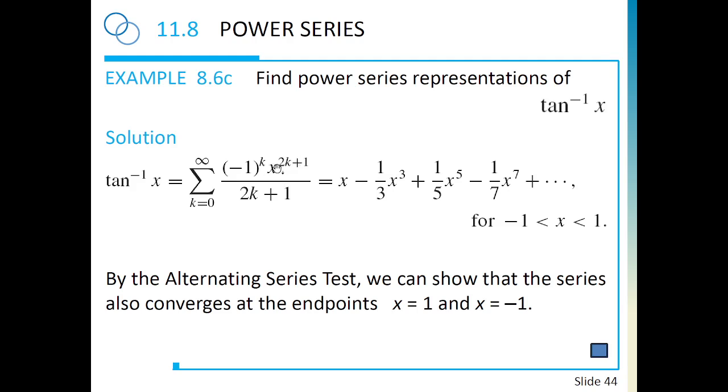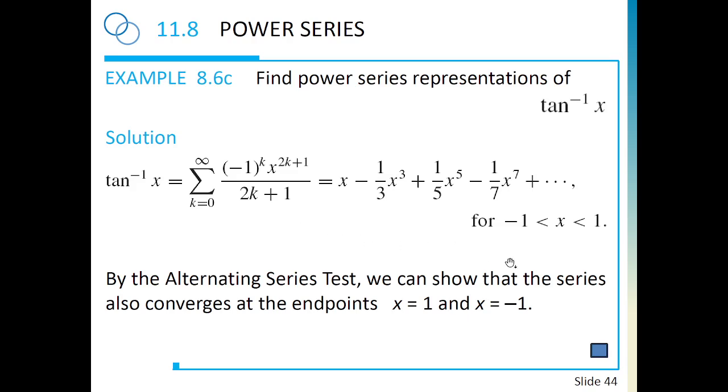So x equal 1, this is 1. So I get an alternating series, and by the alternating series test I can prove that this is convergent. If I plug in -1, again I'll have at the end here -1 to the power k plus 1, which is giving me again an alternating series. By the alternating series test I can prove that that series also converges.